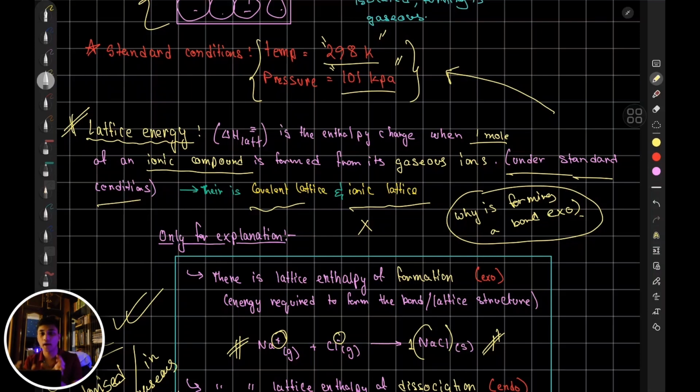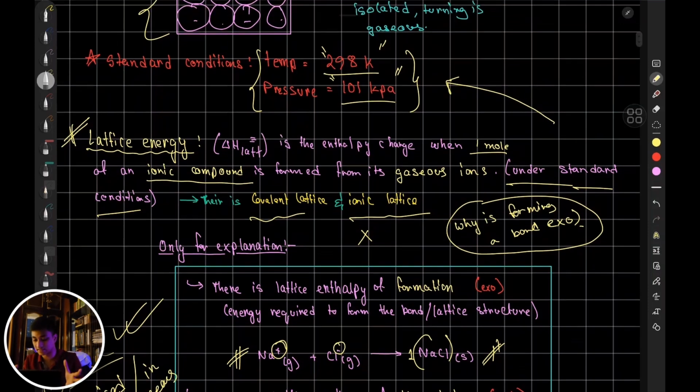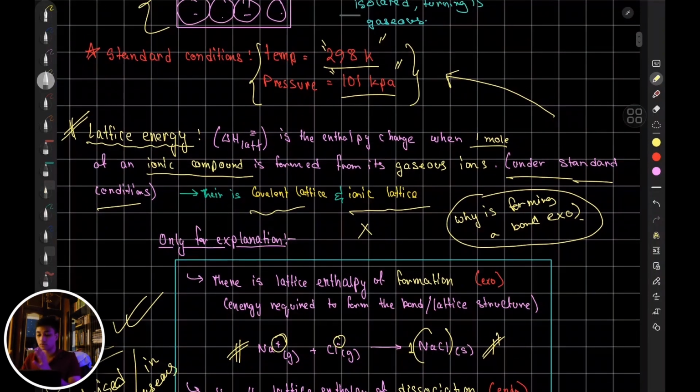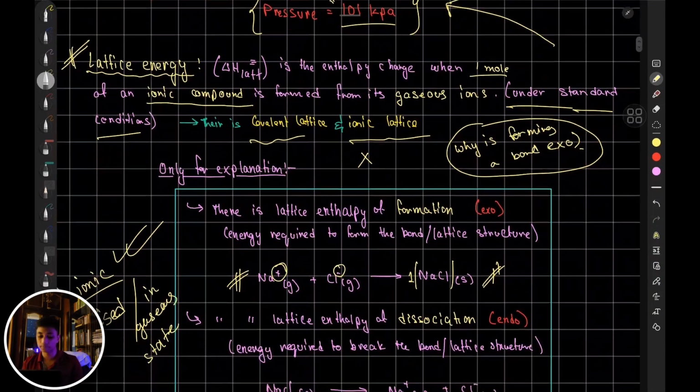Whenever there are attractive forces, it is going to be exothermic and energy is going to be released. So, what do we know? Whenever there is forming of bonds, for example, in this case, we are forming a lattice structure, energy is going to be released and it's going to be exothermic.